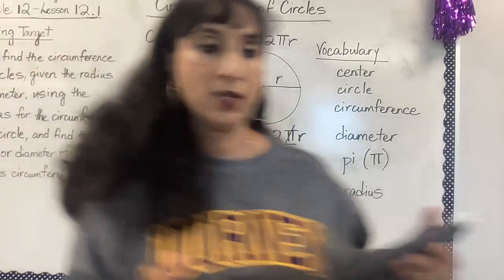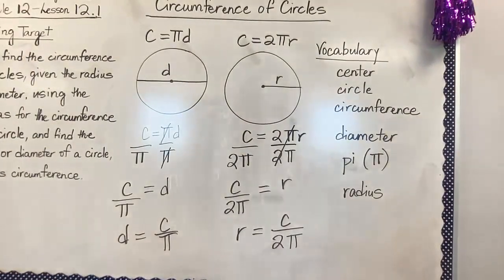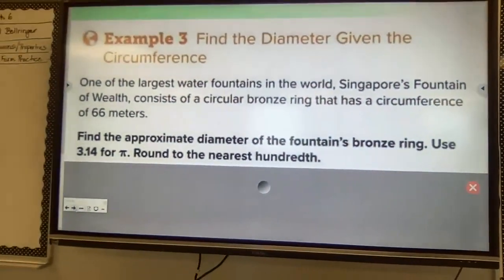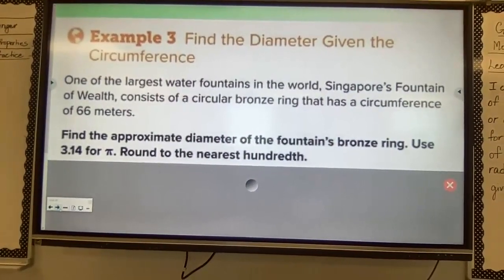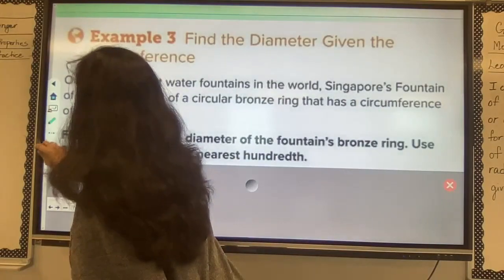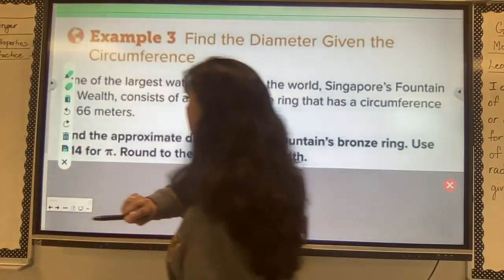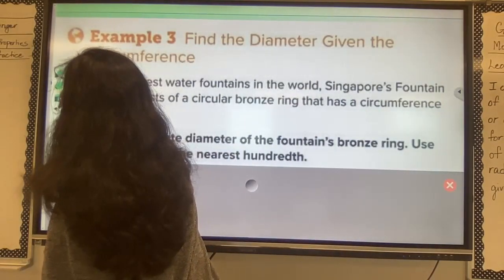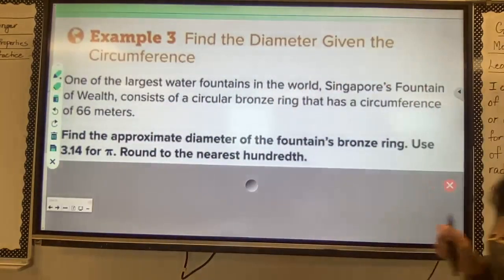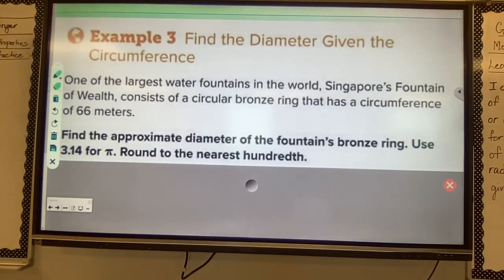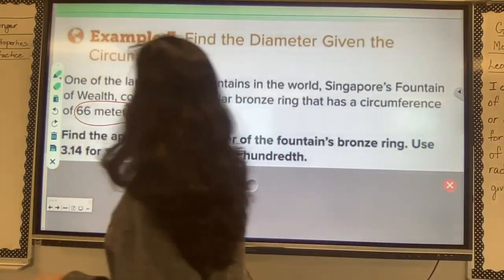So let's look at this question, question number 3. One of the largest water fountains in the world, Singapore's Fountain of Wealth, consists of a circular bronze ring that has a circumference of 66 meters.